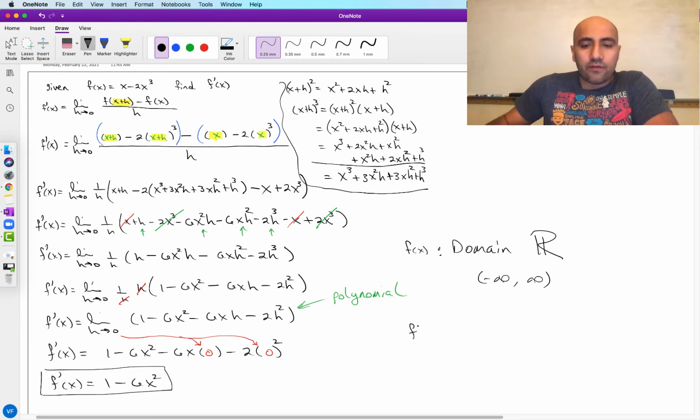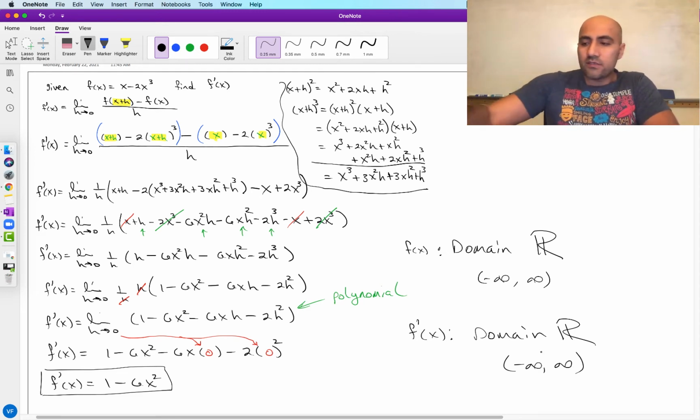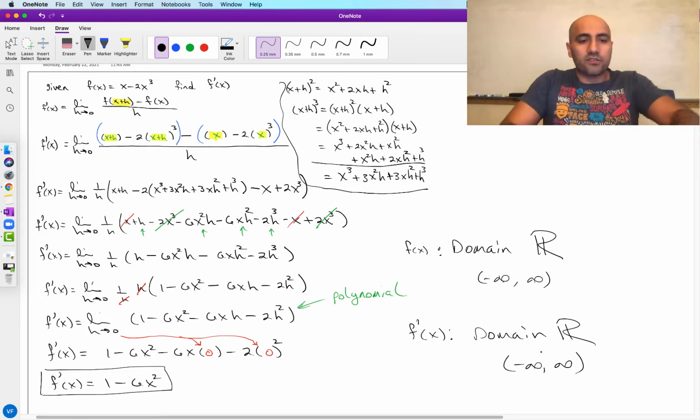And now its derivative function is again just a polynomial. Nothing weird here. Can't divide by 0, no even roots of negatives, nothing like that. So the domain again is all real numbers, negative infinity to positive infinity.